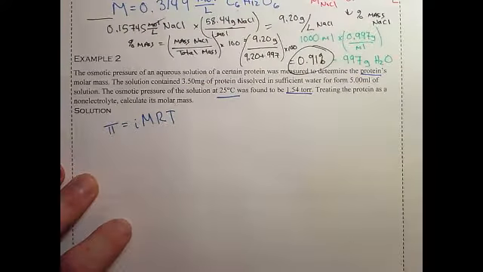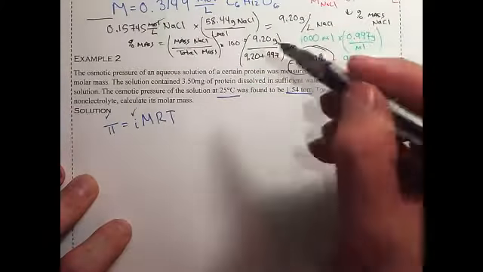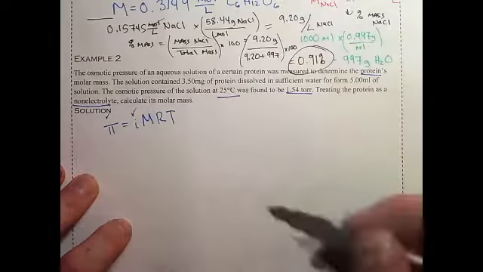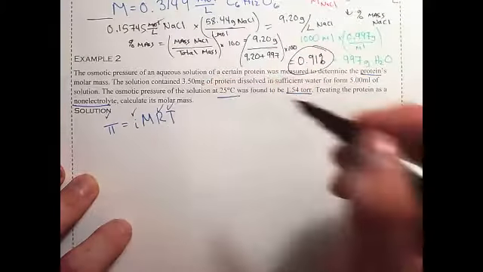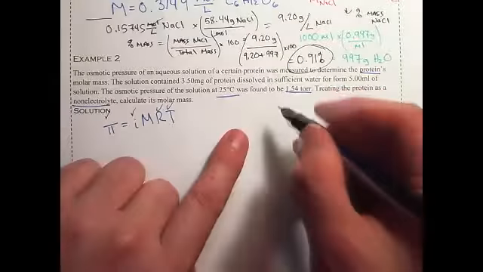Pi equals IMRT. So I have osmotic pressure. I have I, because we're treating it as a non-electrolyte. I have R, I have T. I have a couple things to sort out.